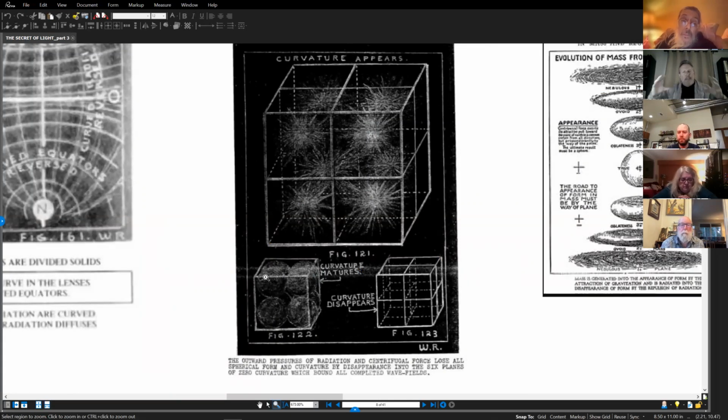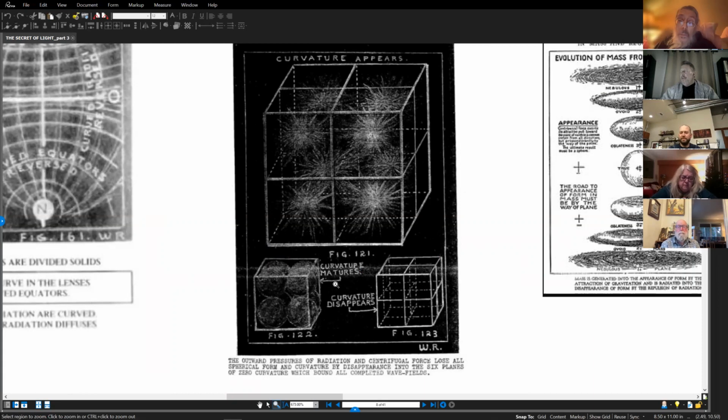So we have the expansion of the radiation. As you remember, we were watching that video, the zygote, and we saw the pulsation, that breathing in and out, in and out. That is what's happening here. We have this expansion and we have this compression. So the curvature matures, and then the curvature disappears back into the sun.